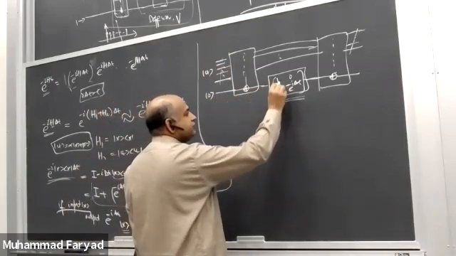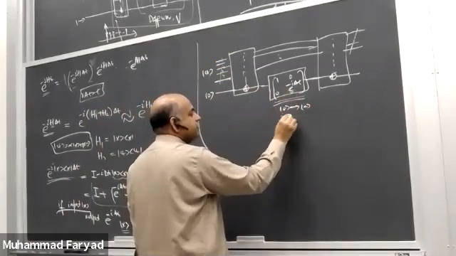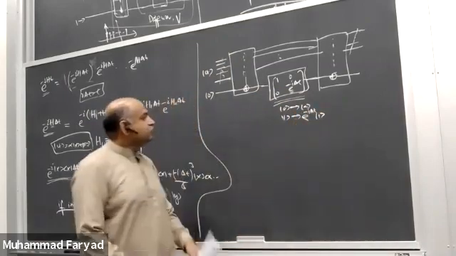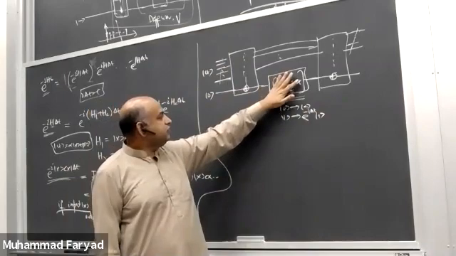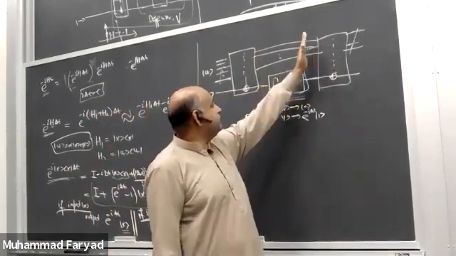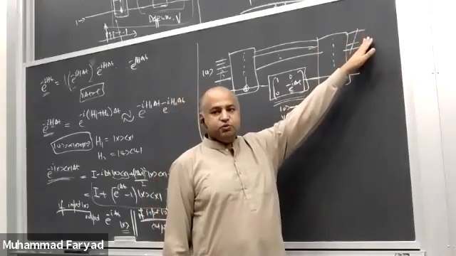It doesn't do anything to 0. 0 goes to 0, and only the 1 state goes to exponential minus iota delta t. So since this 0 goes to 0, this does nothing. And then this again, the y state is coming right here, nothing happens, 0 is 0, and you get the y state at the output.